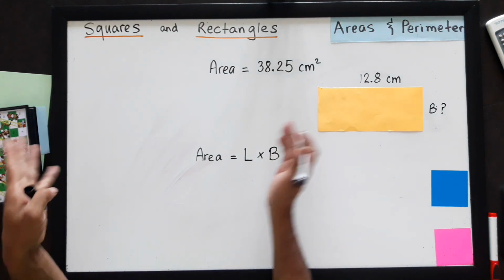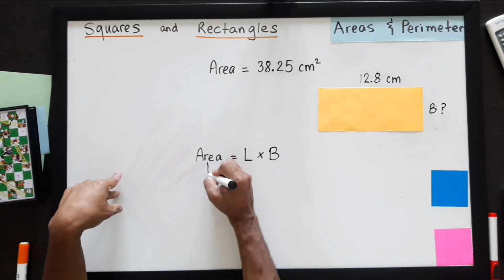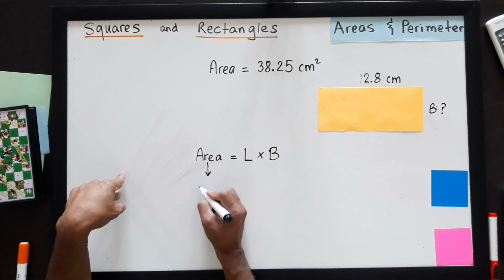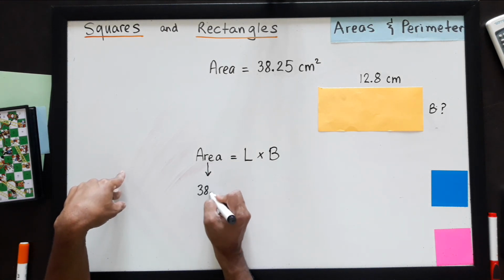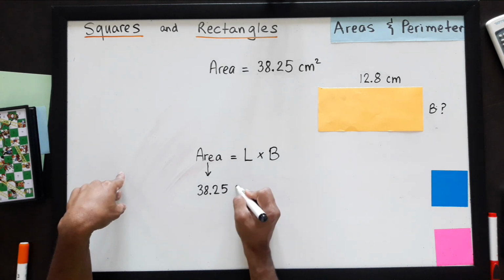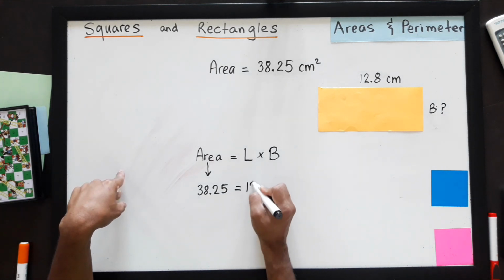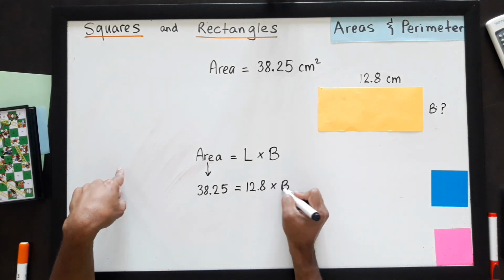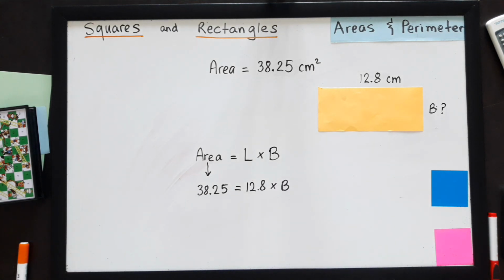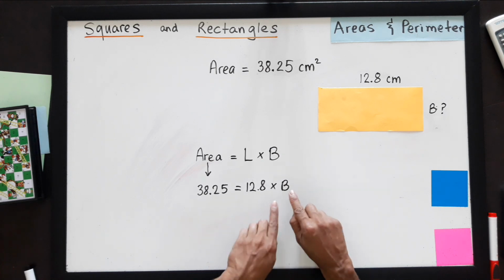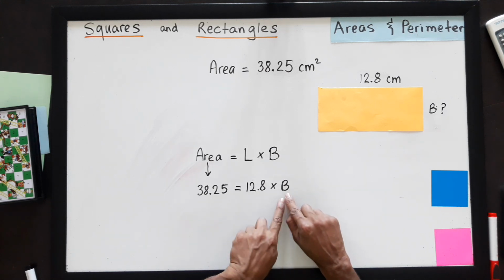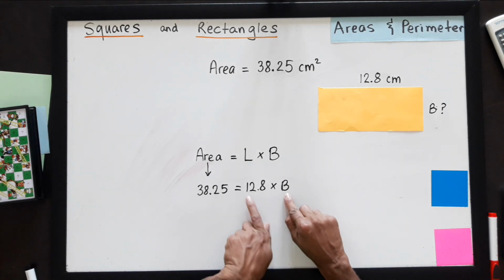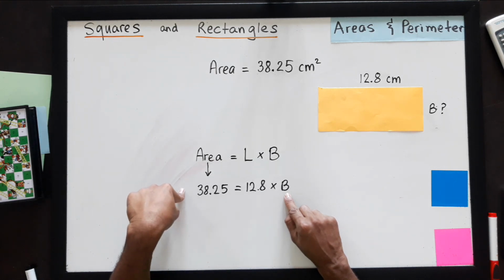Let's try the same method we just did. So, the area is 38.25. The length is 12.8. And of course, we're trying to find the breadth. So all we need to do is figure out what number, when multiplied by 12.8, will give us 38.25.